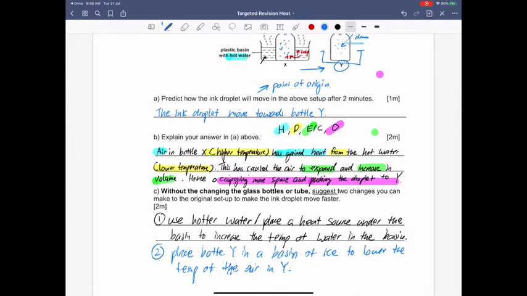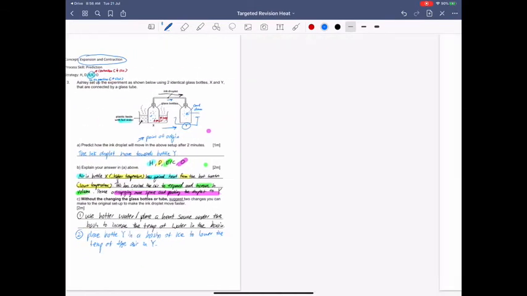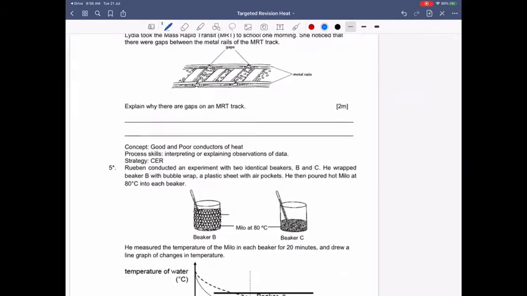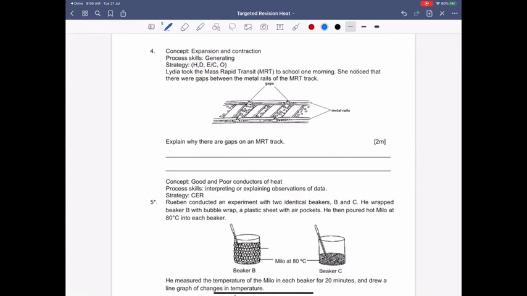This rule about being very specific about what to do is key in answering questions, and this is something that many students have a problem with because they tend to make sweeping statements, very general statements. All right. Next question.